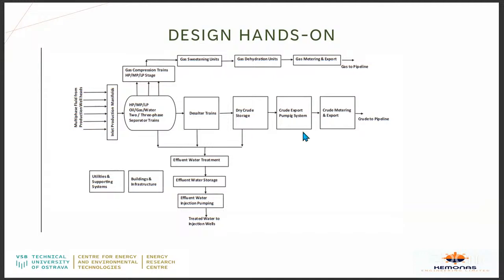Without the utility, all these cannot function, because the utility will supply the cooling water that you need to cool any unit, and the heat that you need to heat any unit. For example, if this crude oil will be fractionated, you need heat on the fractionating column. The utility will supply this.